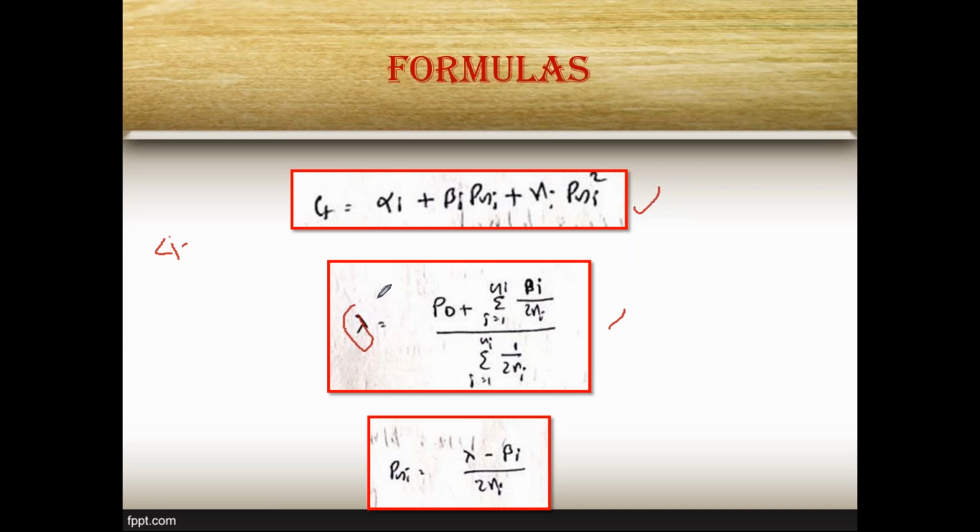What is it called? The second equation: lambda is called the incremental fuel cost.